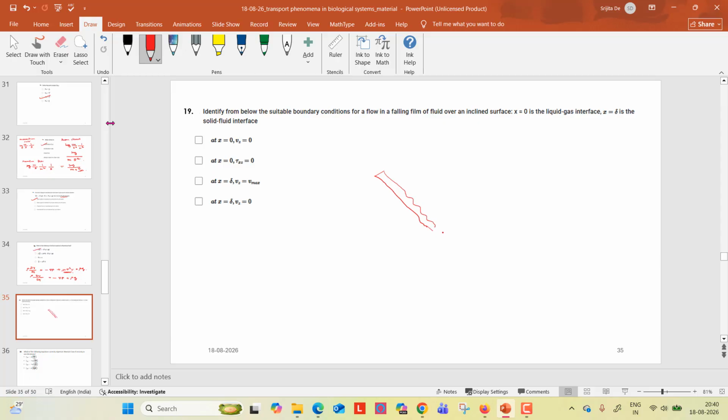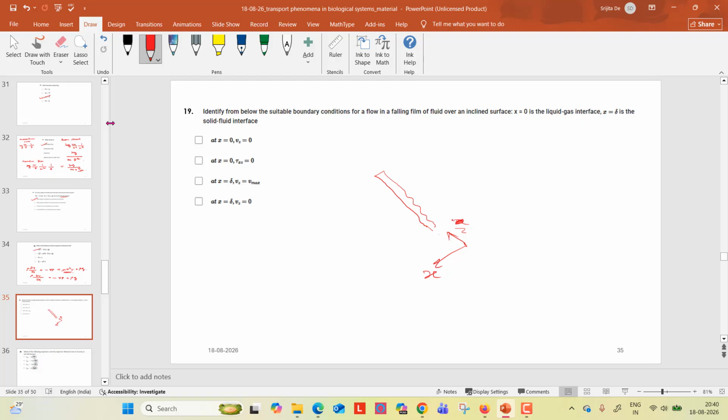And this is your X and this is your Z, right? And this is X equals 0. So X equals 0 is the liquid gas interface, and X equals to delta is the solid fluid interface, right?